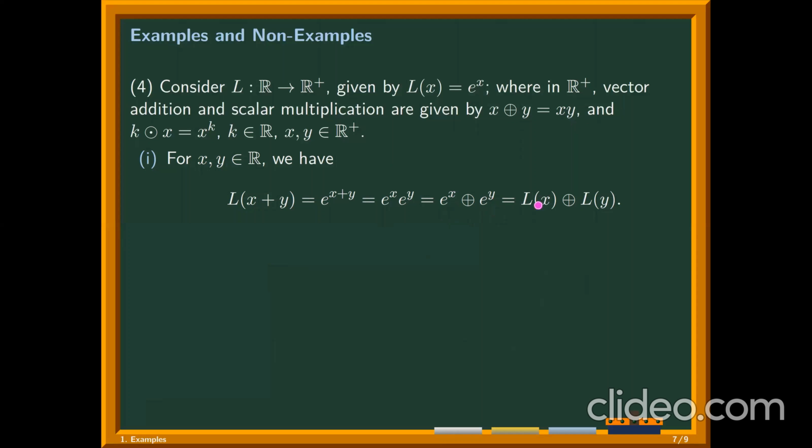And e to the X, of course, is L of X, e to the Y is L of Y. So we see that L of X plus Y equals L of X plus, that's the sum in R plus, in this codomain, L of Y. So the first condition is satisfied by our L.